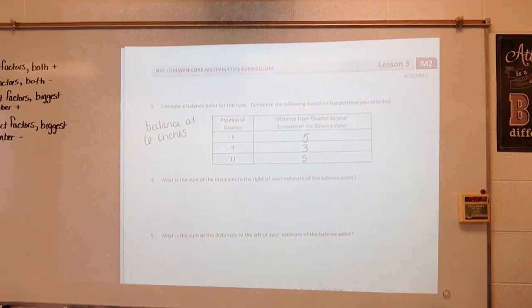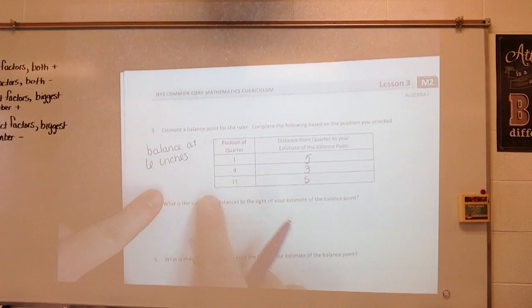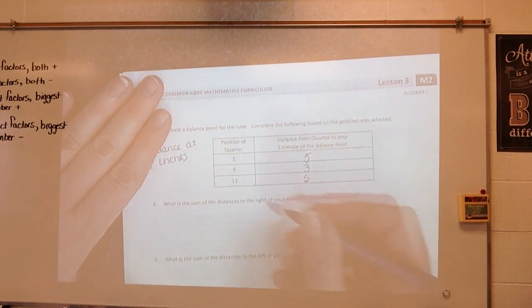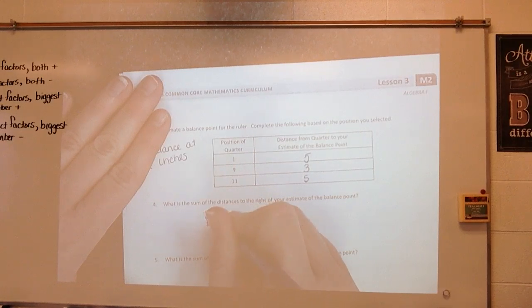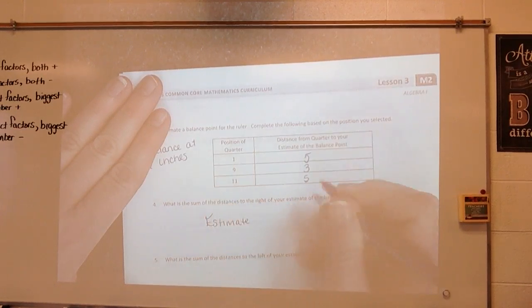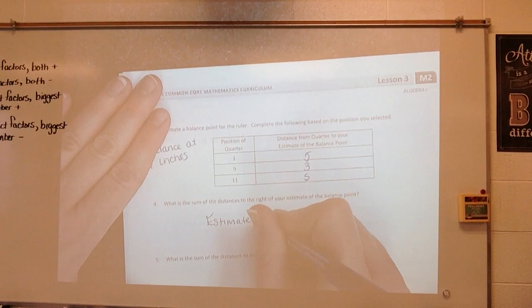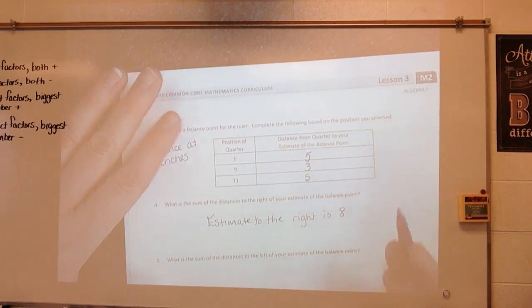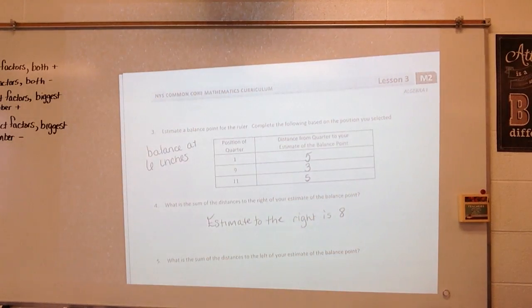What is the sum of the distances to the right of your estimate of the balance point? If we use the balance of 6 inches, which is what we're doing, then the sum to the right is 8. 5 plus 3 is 8.